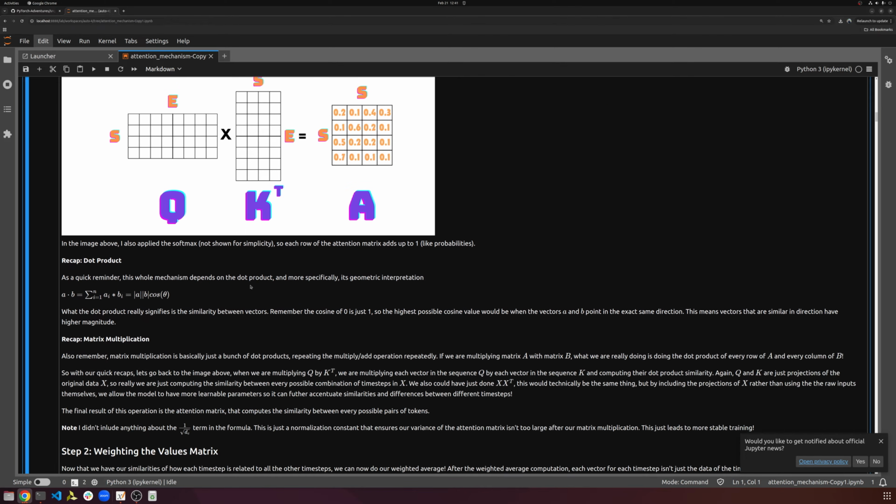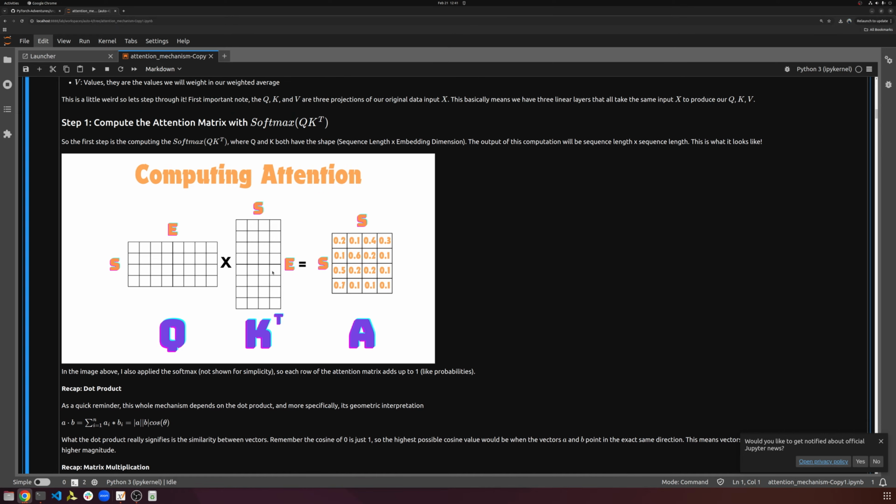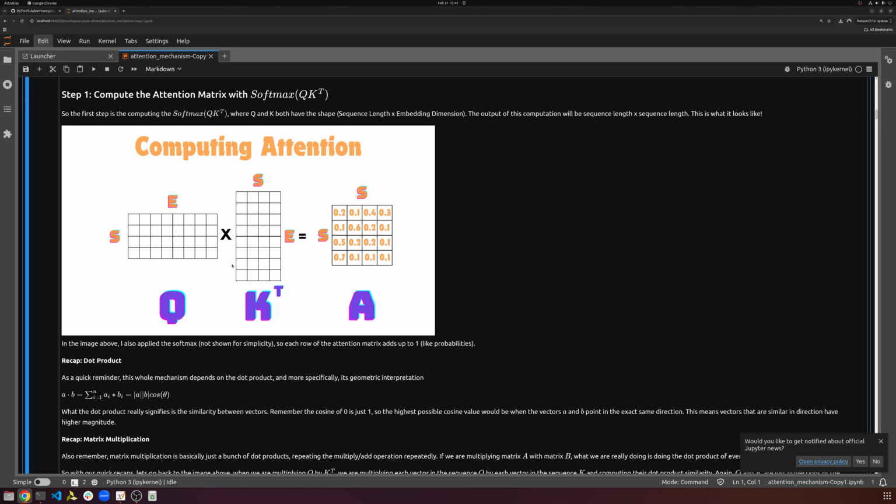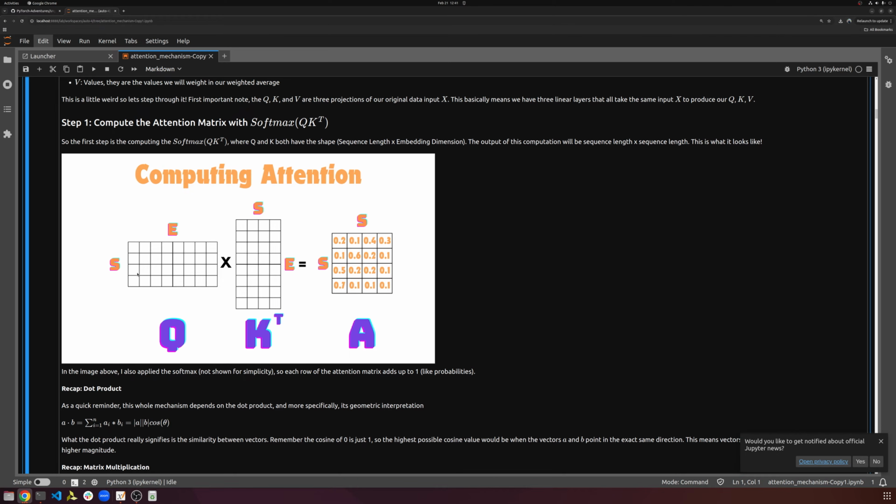I have some figures here, so I'm going to try to use them as much as I can. But whenever it becomes difficult, I'll start to draw stuff out as well. So let's just start here. Again, to keep in mind, with our queries, let's ignore the batch size for now. Sequence data is typically a sequence length, right? How many words or tokens do I have in my sentence? And then the embedding dimension, right?